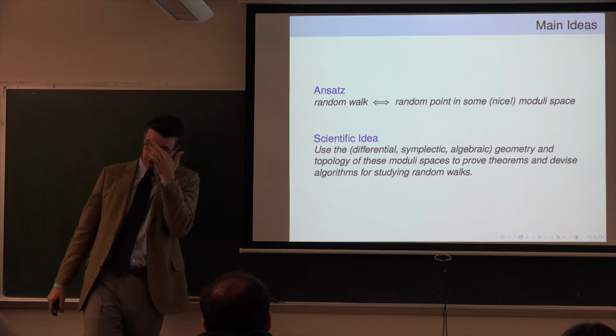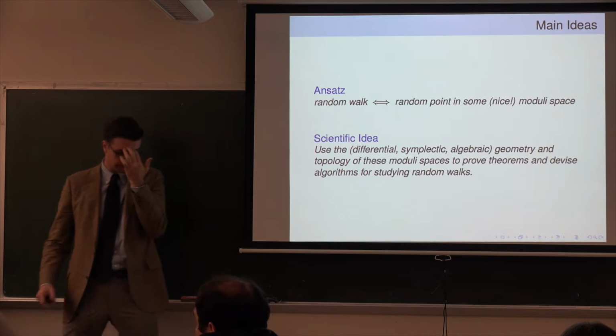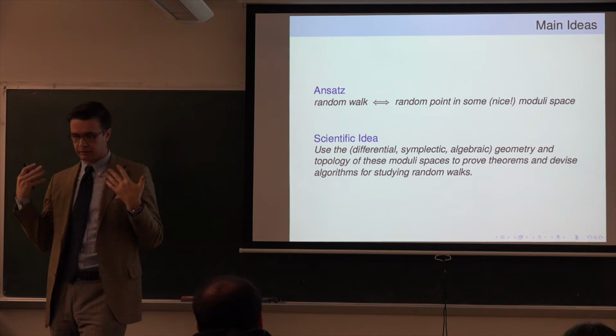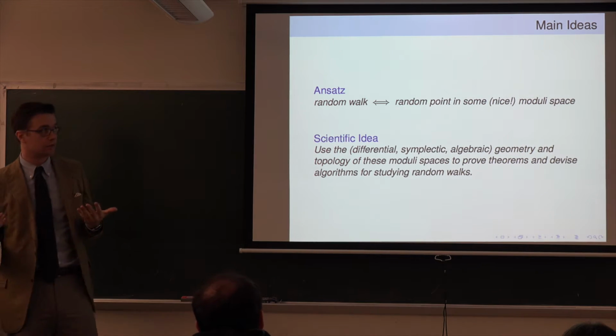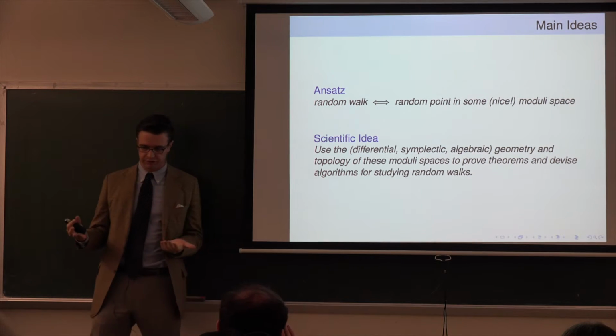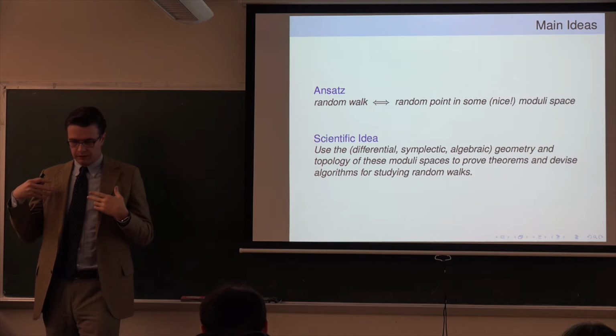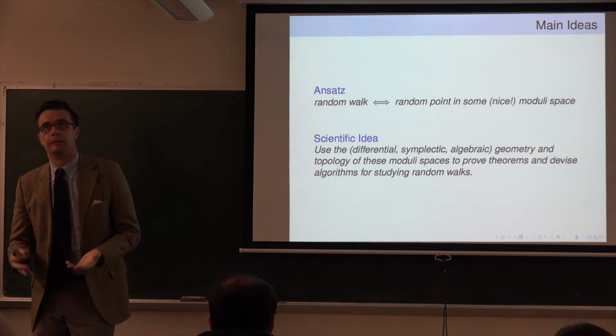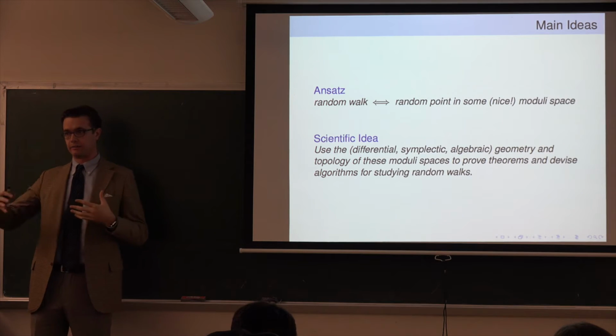Here's the big idea, in my opinion. People, of course, have been thinking about random walks for 100 years, and about random walks in connection with polymers for 50 years. But a lot of that work has been very probabilistic and very analytic and not so much geometric.